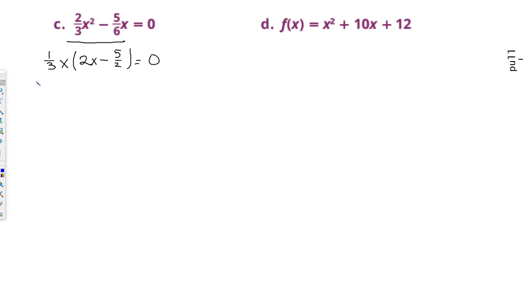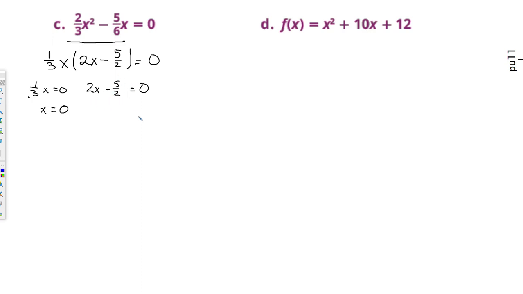And so we're going to say each of our factors equal to 0. And so when I divide both sides by 1/3, what is x equal to? 0 divided by anything is 0.